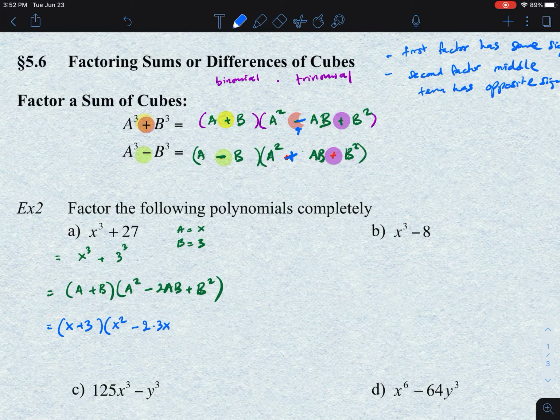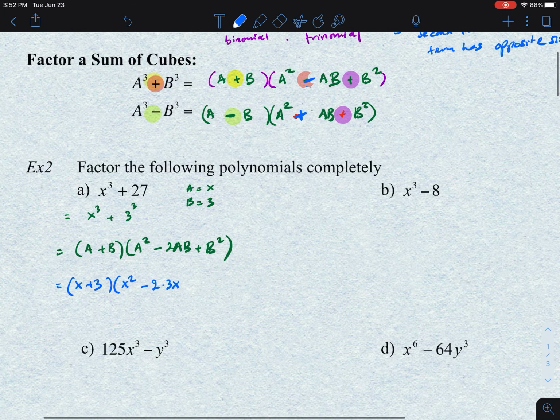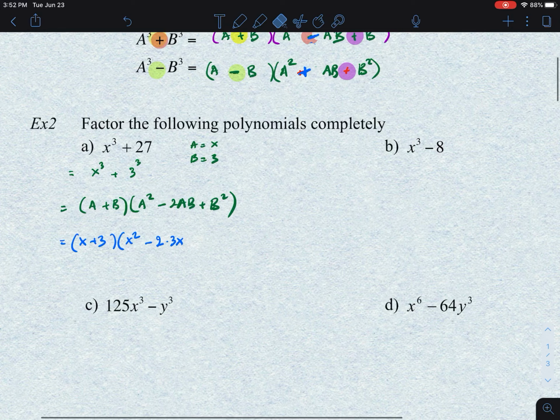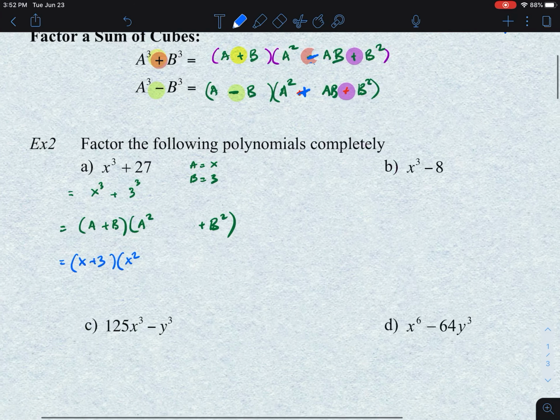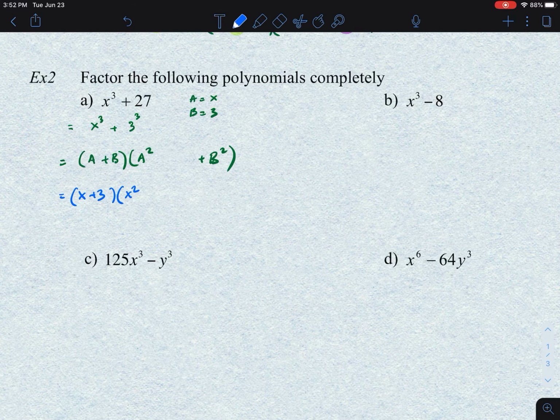So there's no 2. It's just minus or plus in the middle; there's no actual constant 2. So let's erase this again. The formula for the sum of cubes is a plus b times a squared minus ab plus b squared. So there's no 2 in the middle there.